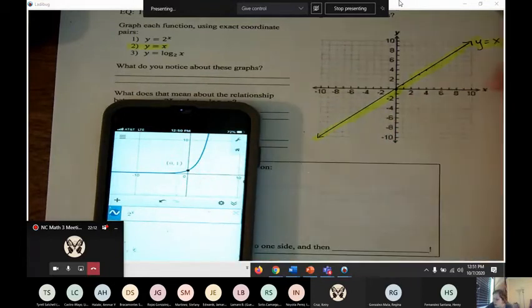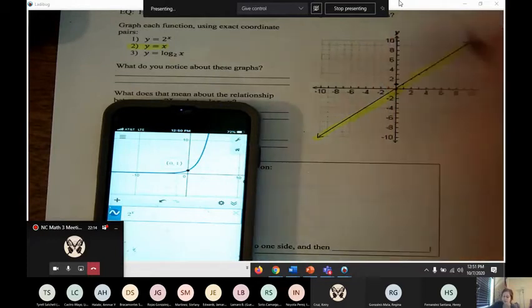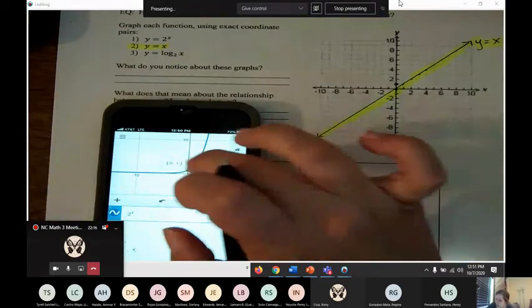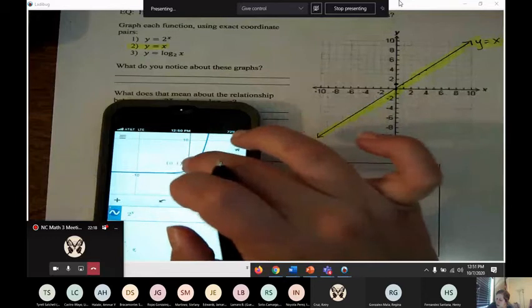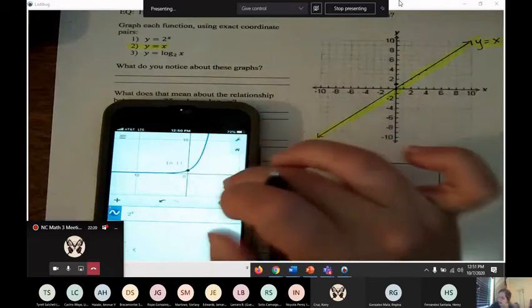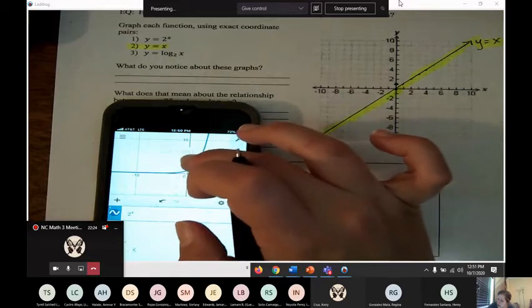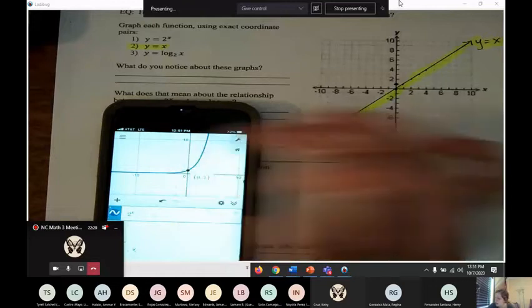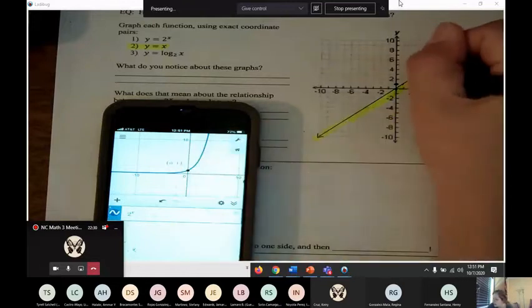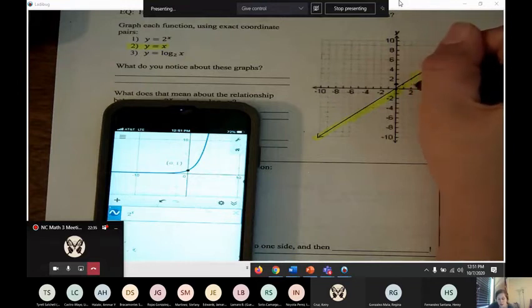So I know I have a point at (0, 1). Let's see, what else do I have? So at 1, I should have a point at 2.